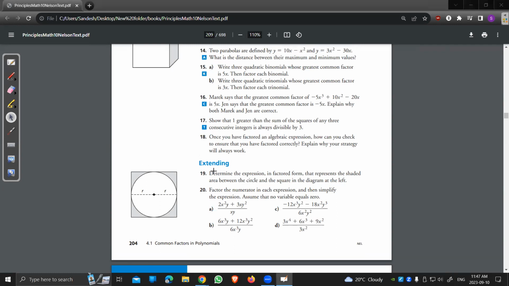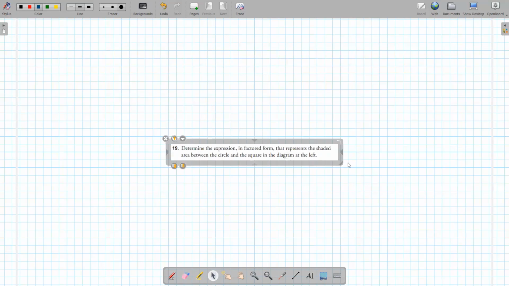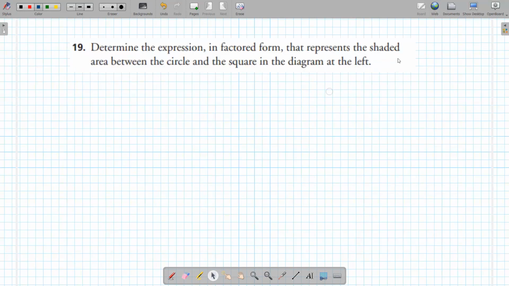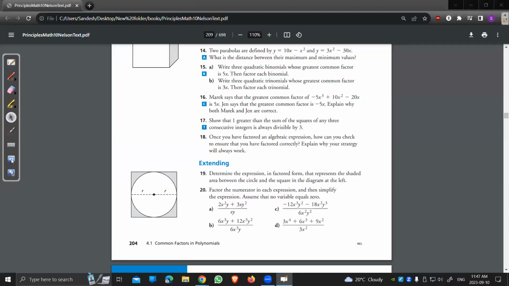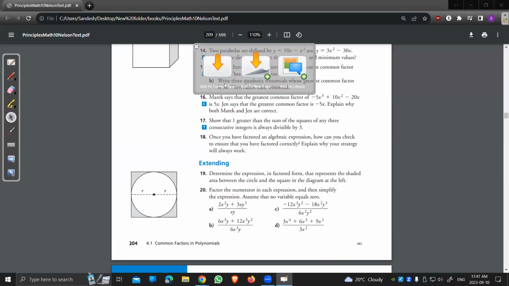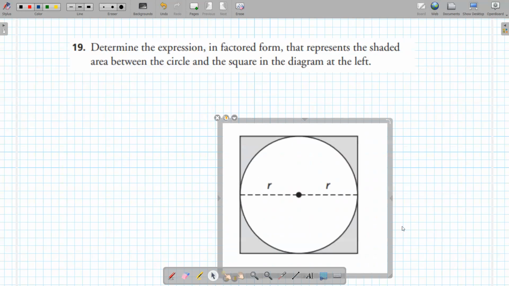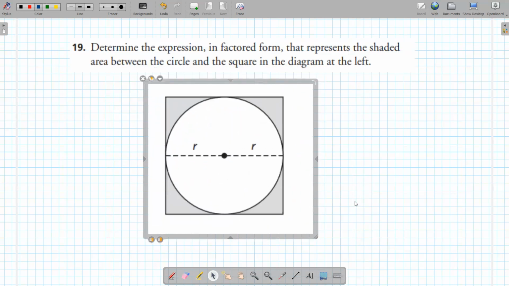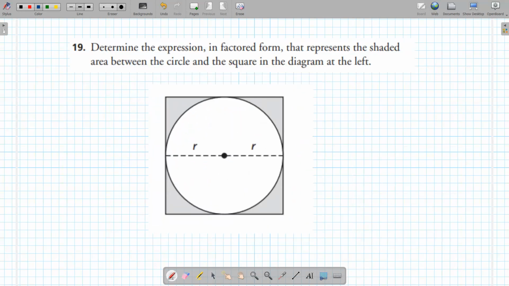Let's try doing this one. This one looks interesting. So we have a square and we have a circle. It's asking us to find the expression of the shaded bit.